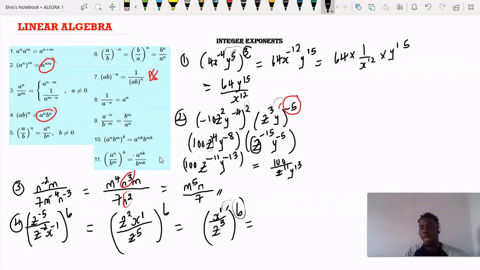Okay, so we're going to multiply it with the numerator. We're also going to multiply it with the denominator. Okay, so doing this, we are going to have s raised to the power of 6, then divide z raised to the power of 6 multiply 3 is going to give us 18. So this is z raised to the power of 18. So this is going to be the final answer.